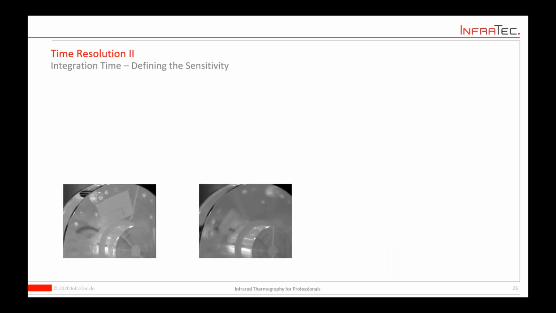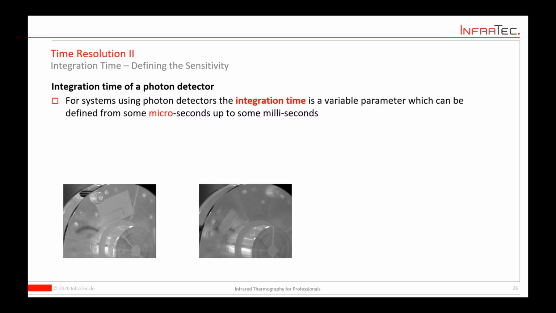But of course, on the other hand, we have these cooled detectors, these snapshot detectors, and they have a more or less settable integration time in the microsecond range and not in the millisecond range. So we can really capture fast processes, not only geometrical but also thermal.